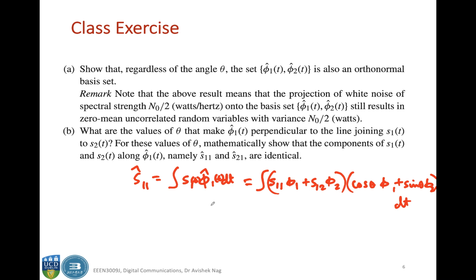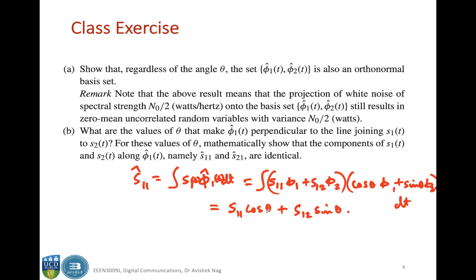Then you can do the same simplification and show that this integral is S11 times cosine theta plus S12 times sine theta.